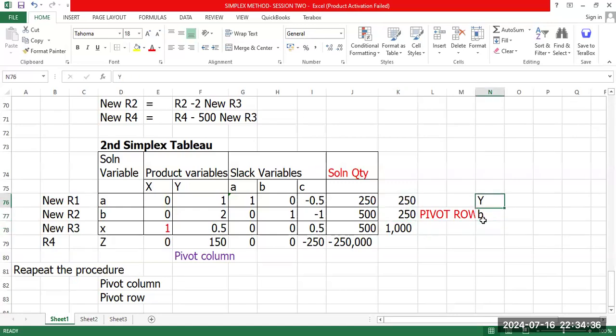In that situation, you choose the row where you have a slack variable, because we always need to utilize that slack variable. That's why you need to choose that. Okay, I believe that's enough.